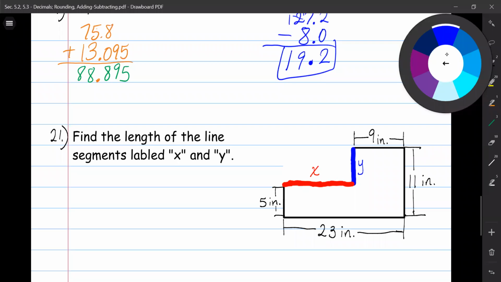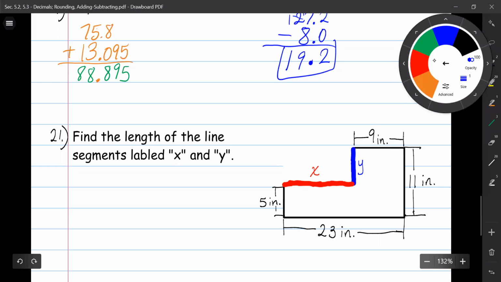All right, number 21 says find the length of the line segments labeled X and Y. Okay. So we could say that X plus 9 is equal to 23.